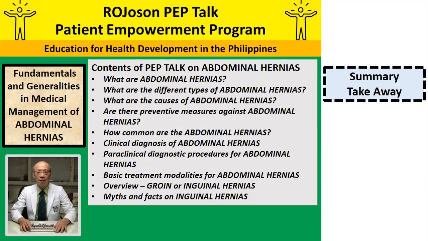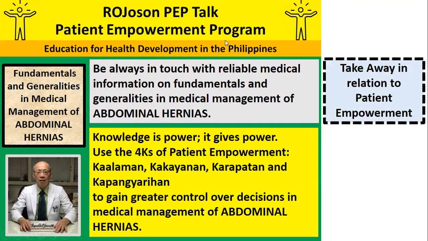So, summary and takeaway on this talk, I have presented and discussed briefly, gave you an overview on all these topics. Takeaway in relation to patient empowerment, be always in touch with reliable medical information on fundamentals and generalities in the medical management of abdominal hernias.